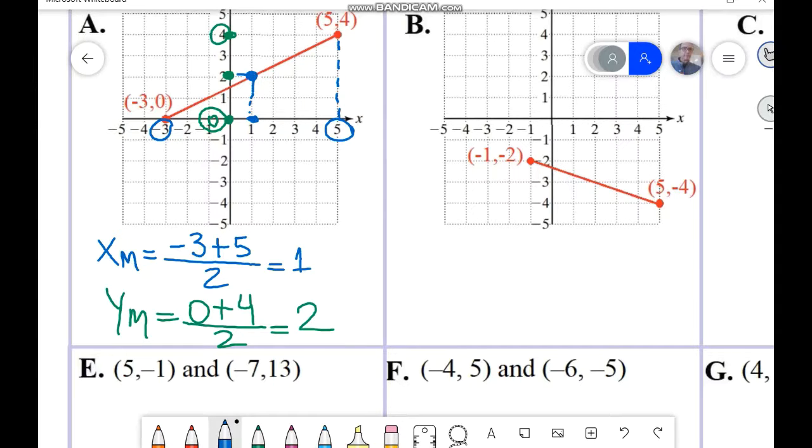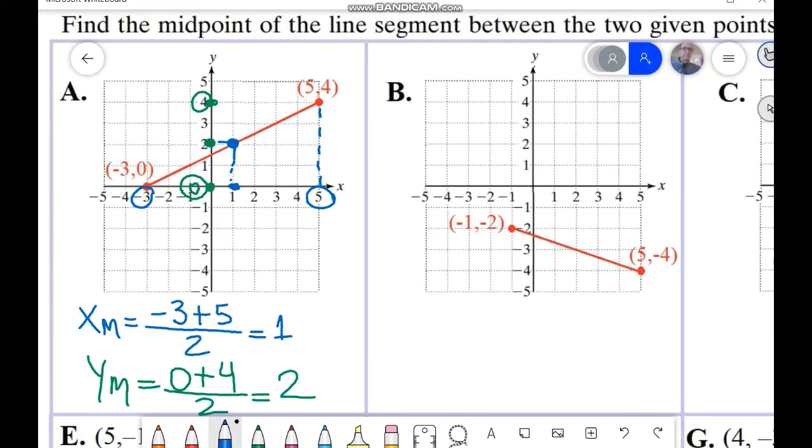The coordinate of the midpoint is x equals 1, y equals 2.